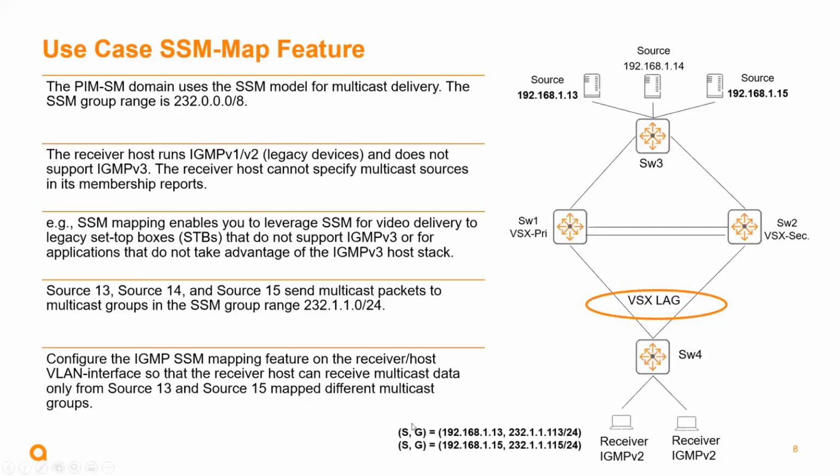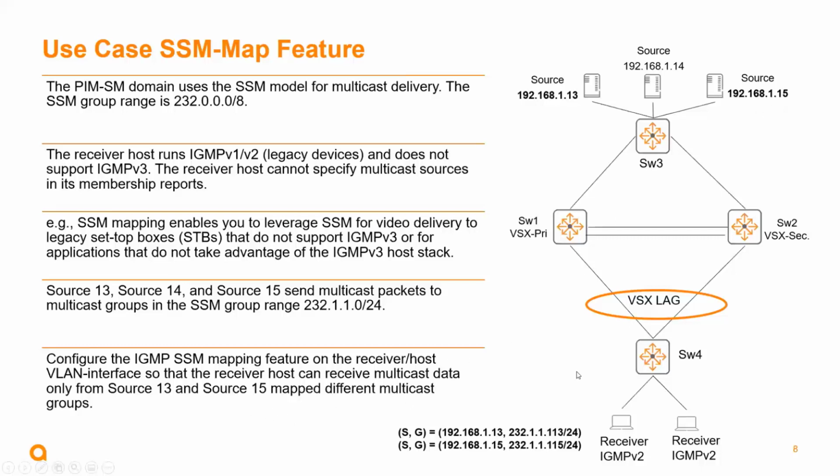So our sources being those three, we want to make sure that these receivers that are IGMP version 2 can join that multicast group and receive only from sources 192.168.1.13 and 192.168.1.15.